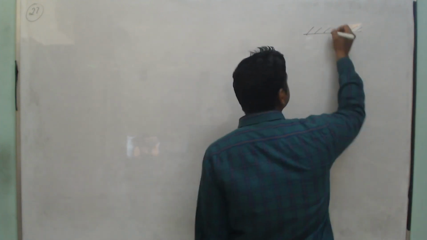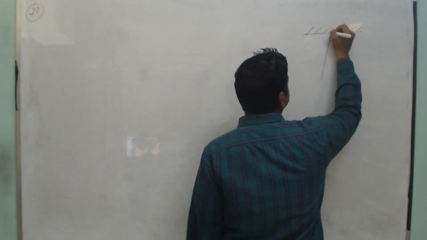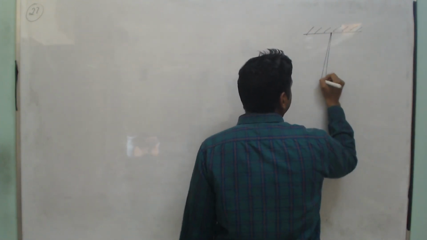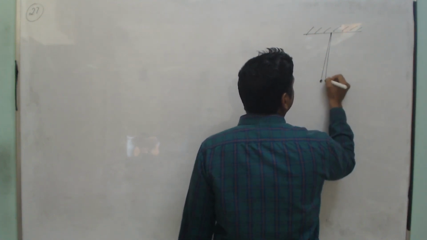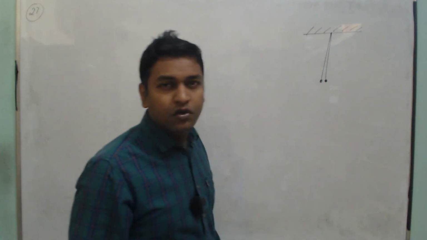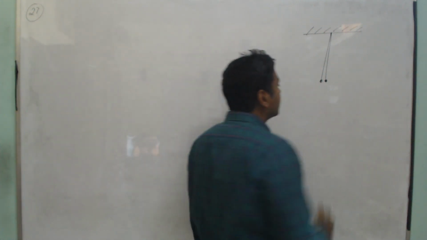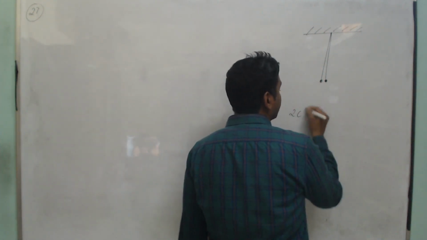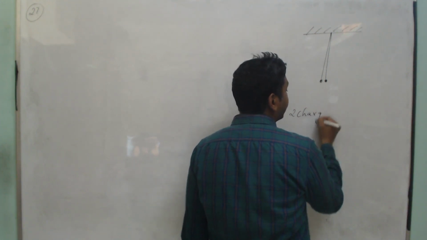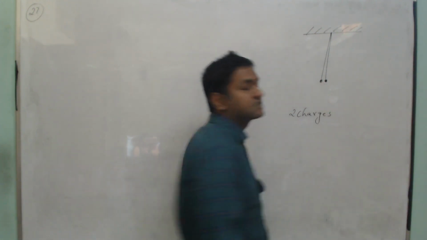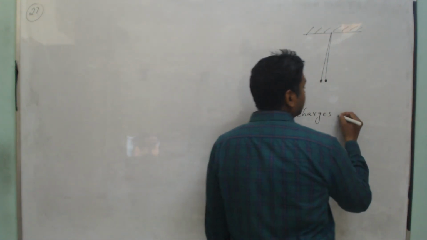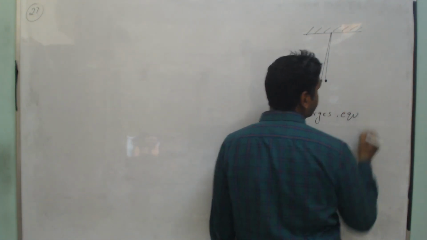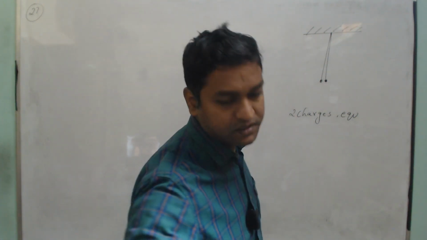So here is the story. There are two non-conducting massless strings, and I have two charges attached to the ends of these strings. Two equal charges, or let us say two identical charges.